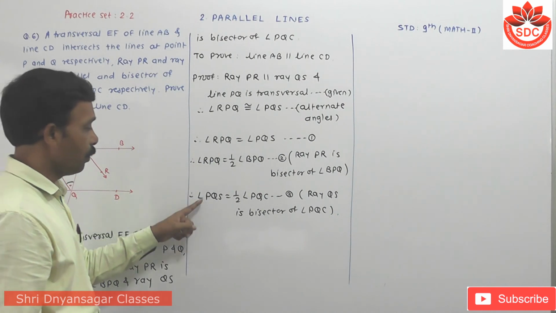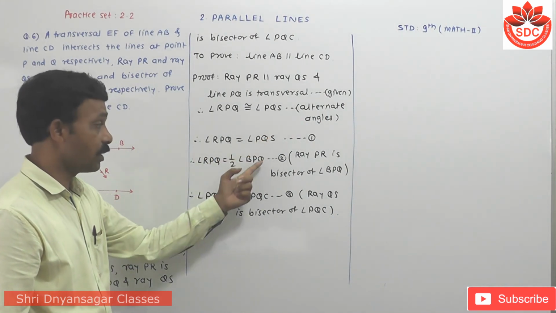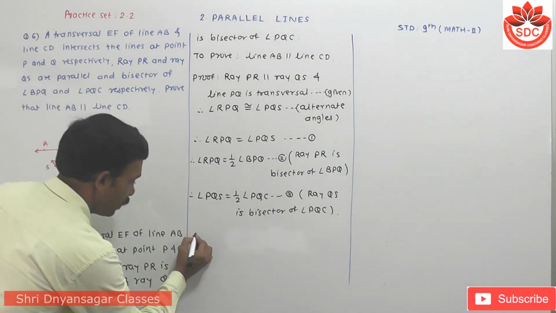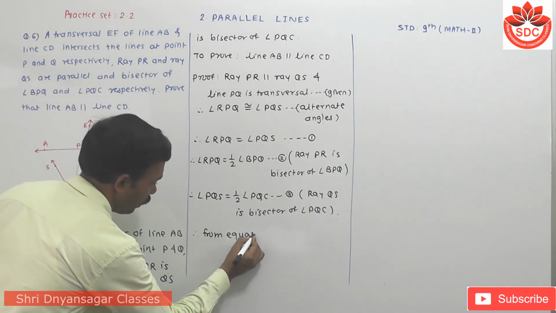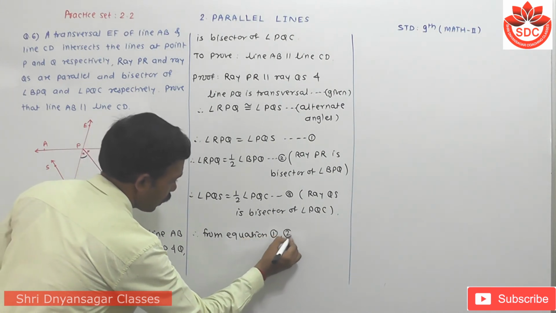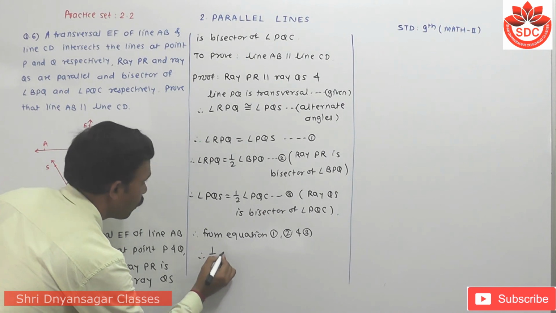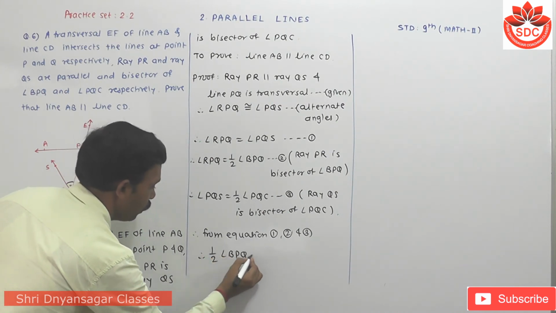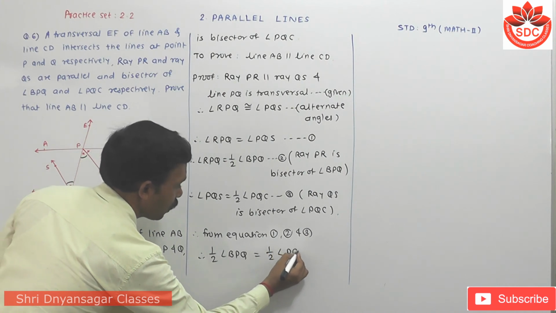Okay, look carefully. Means that from first, second, and third we write here. Therefore, from equation first, second, and third, half of angle BPQ is equal to half of angle PQC.